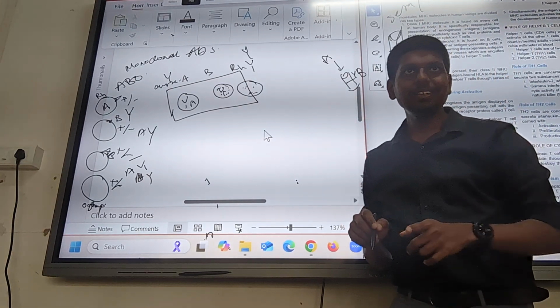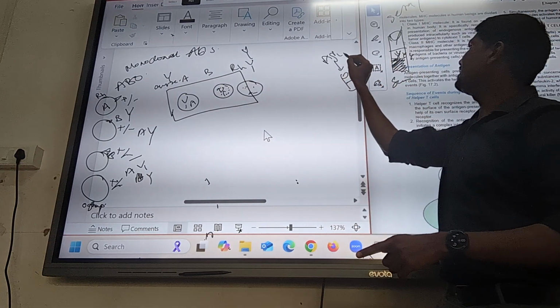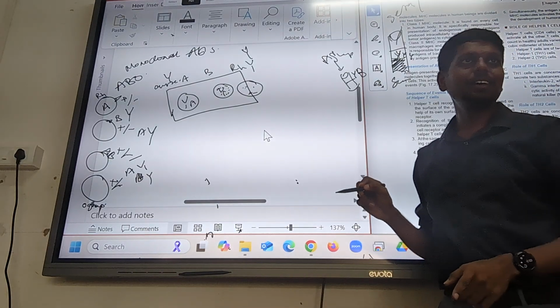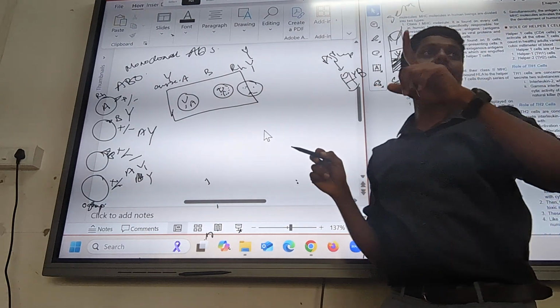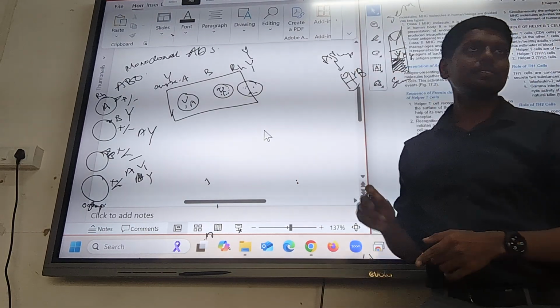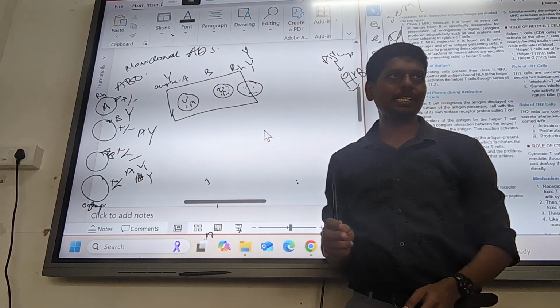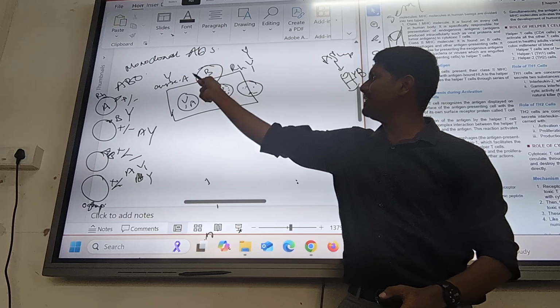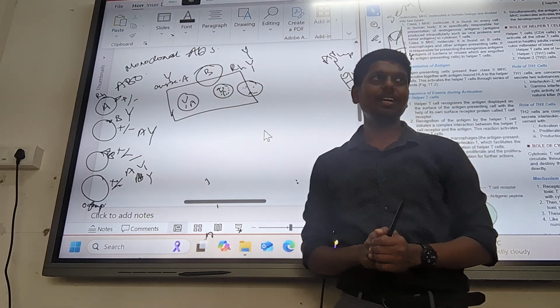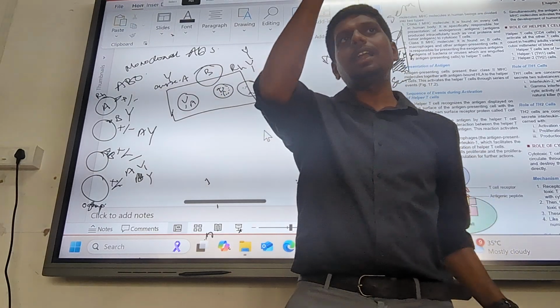Am I correct? From the A group patient, if I take his serum, I will have B antibodies. Am I correct? Now I can use these antibodies to do the test. I can use this reagent. Am I correct?